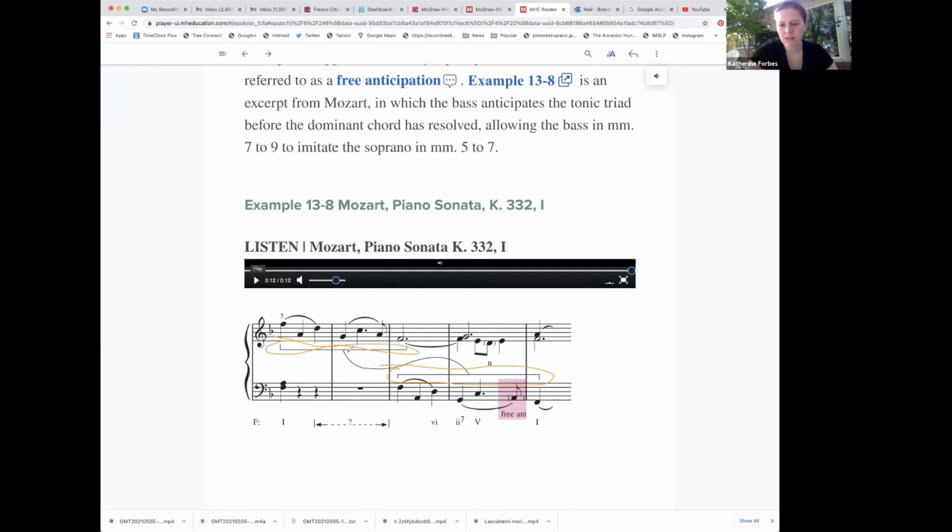They're showing that the same idea happens in the soprano, and then it happens in the bass. Same idea happens in both voices. And it actually overlaps. So why they didn't say, this is also a free anticipation, I don't know.